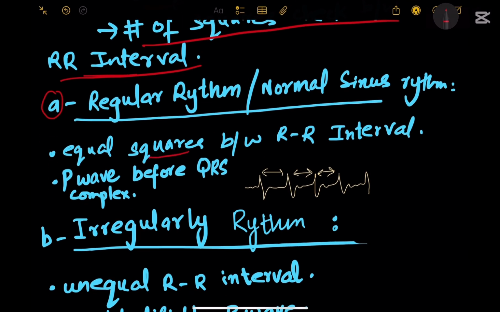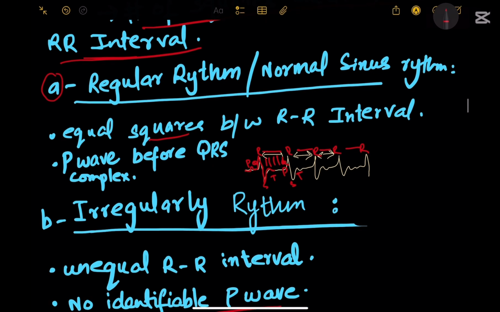This is the ECG pattern: P, Q, R, S and T. These are R waves. So to calculate the rhythm, we will count the number of squares between the RR waves. If there is an equal number of squares between each RR wave, then the rhythm is regular. That is, the heartbeat is regular.